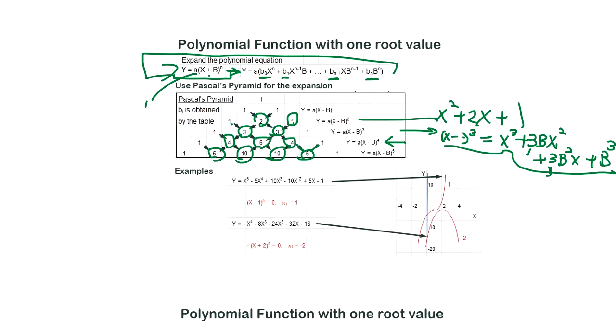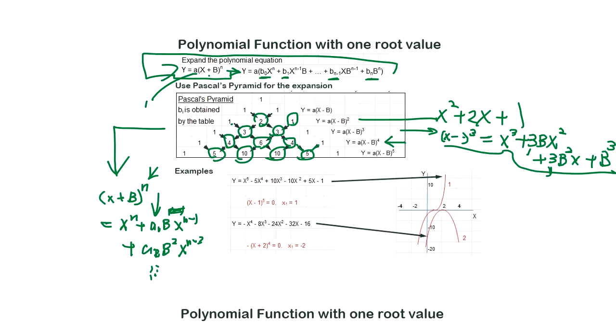Okay, so now you know, for any number n, when you expand, what is the coefficient? x to the n plus coefficient a1 b x to the n minus 1, plus a2 b squared x to the n minus 2, and so on. These coefficients a0, a1, a2, and so on can be determined by this Pascal's triangle.